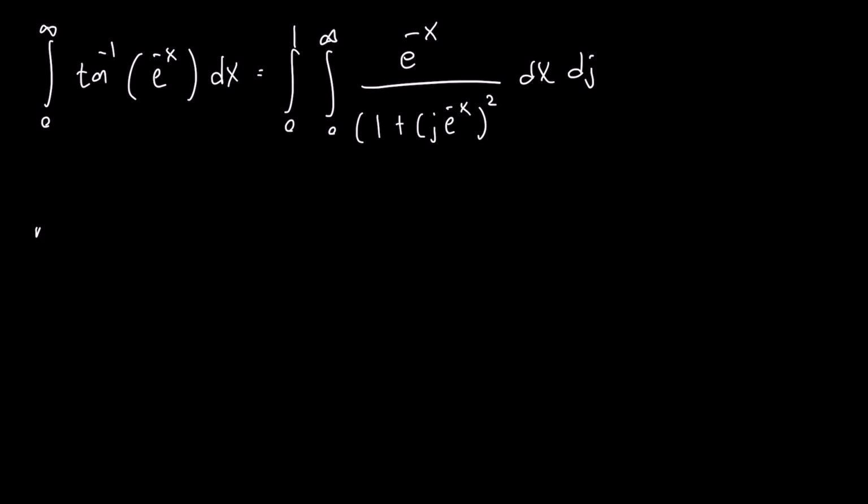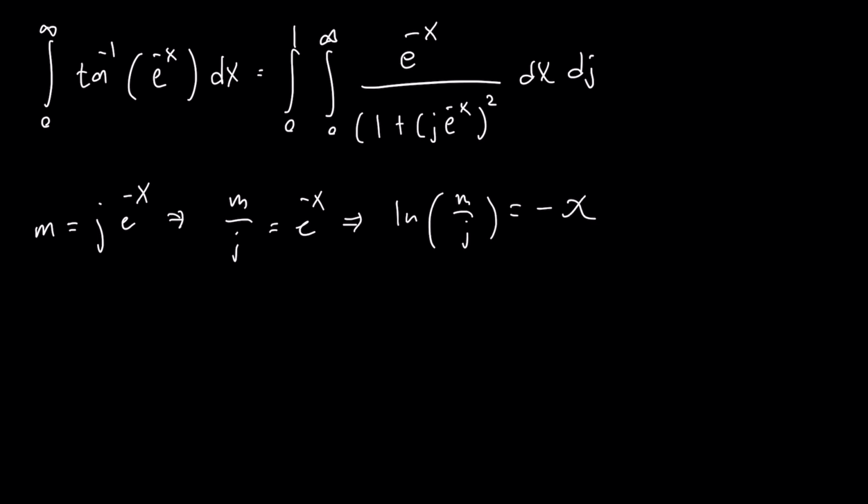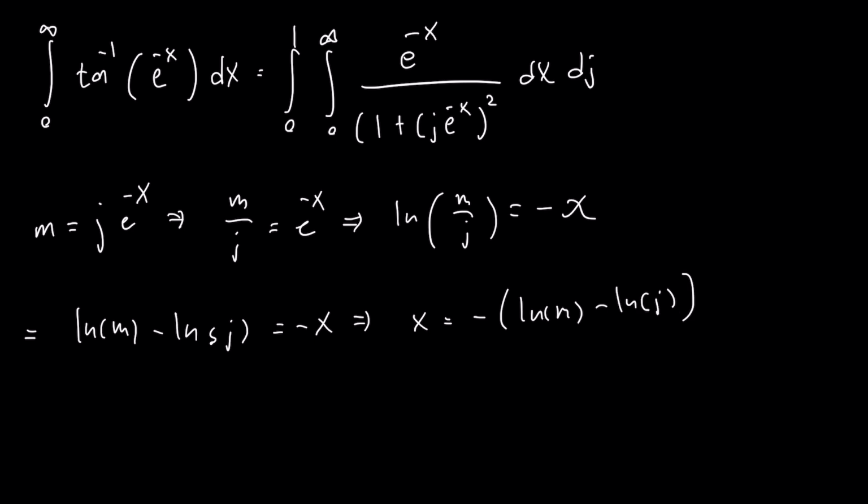So I'll let m equal j e to the minus x, which means that m over j is e to the minus x, which also means that the natural log of m over j is negative x, which also means that the natural log of m minus the natural log of j is negative x, which also means that x is negative ln m plus the natural log of j.